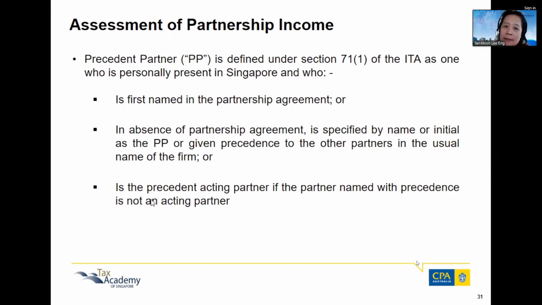In practice, if the partnership files a tax return form, the partnership can just state who is the precedent partner. The precedent partner can say, so and so is, or I am the precedent partner, and we'll accept it as agreed among all the partners that this particular person is the precedent partner.